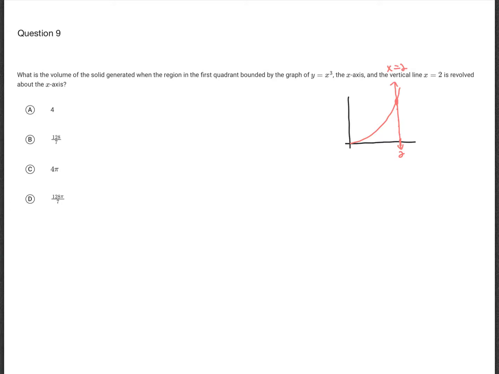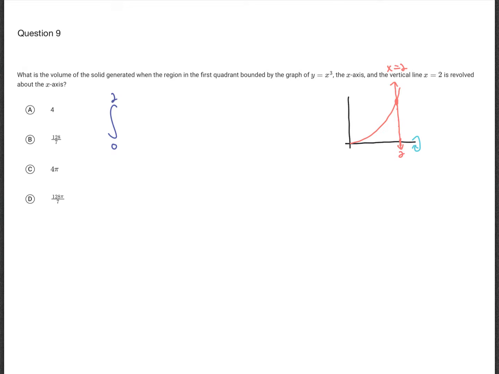So this whole region, the region bounded by x cubed, the line x equals 2, and the x-axis, is revolved around the x-axis. I'll put a little line there that will remind us where we're revolving around. If we're revolving around the x-axis, then everything will be in terms of x. So when we set up our integral, this will be from 0 to 2.